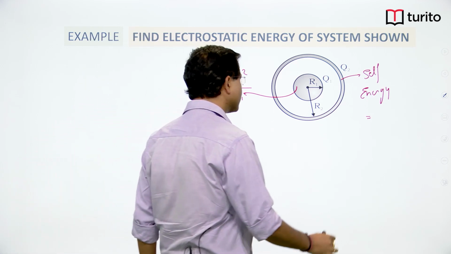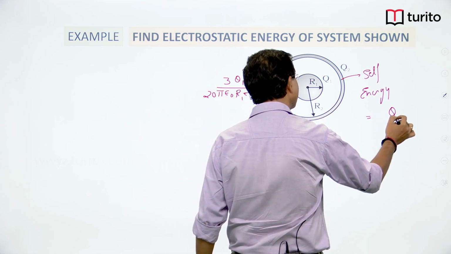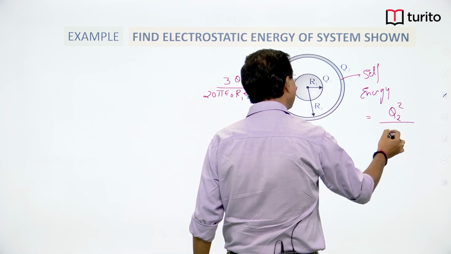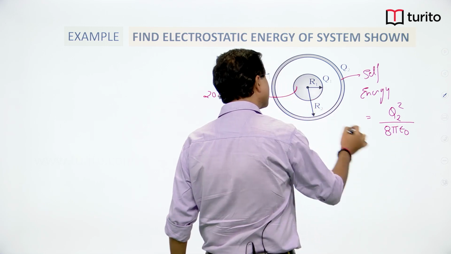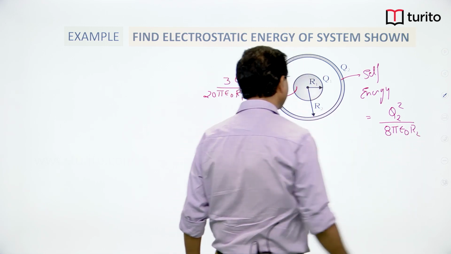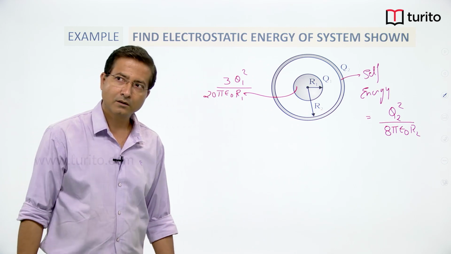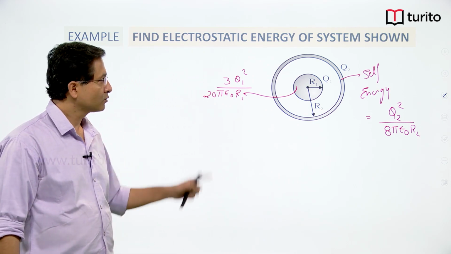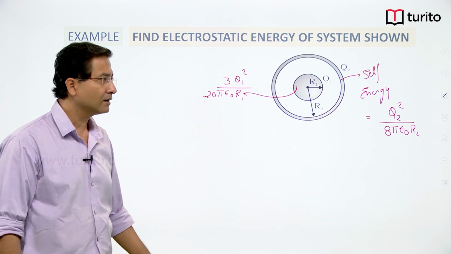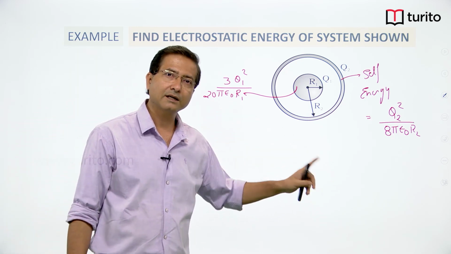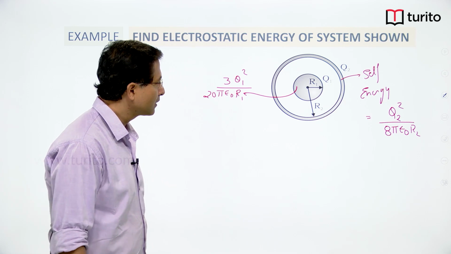So, q square, that means q2 square divided by 8 pi epsilon naught, the radius of this one is r2, right. So, q1 energy associated over, q2 energy associated over.